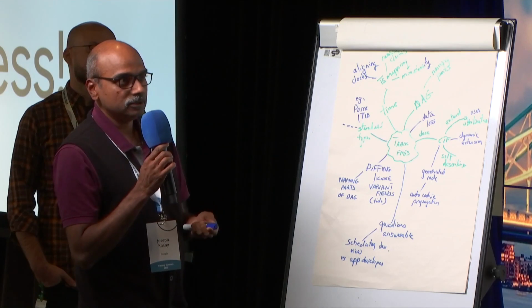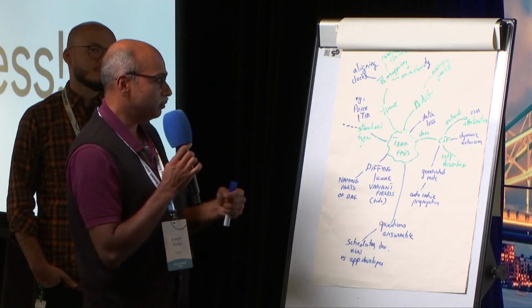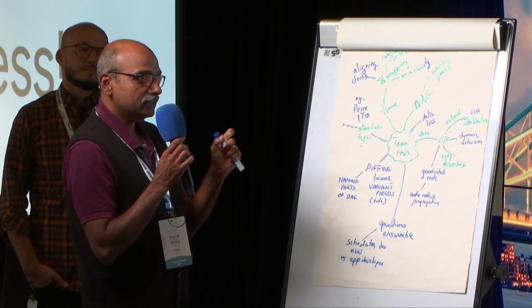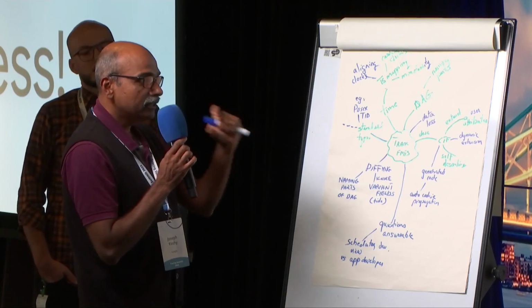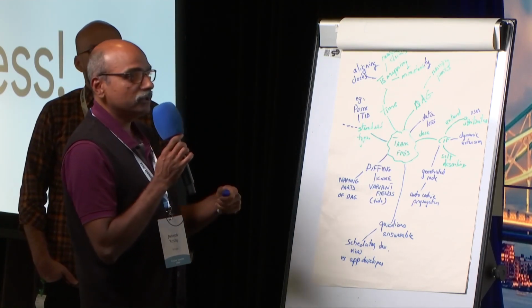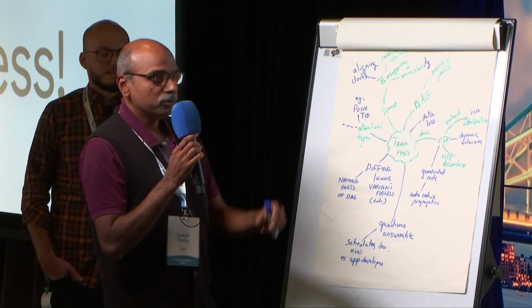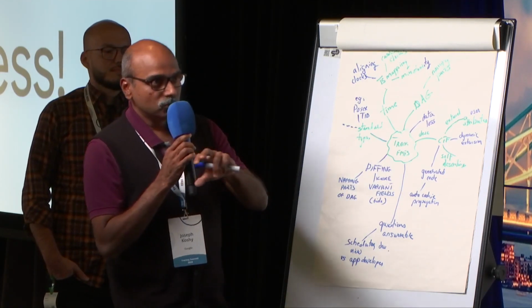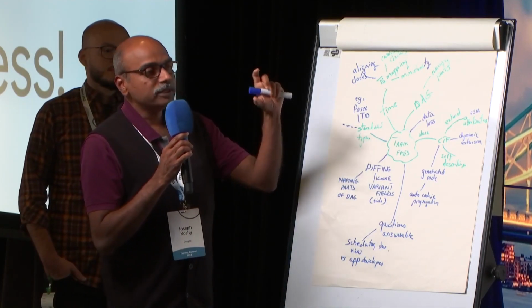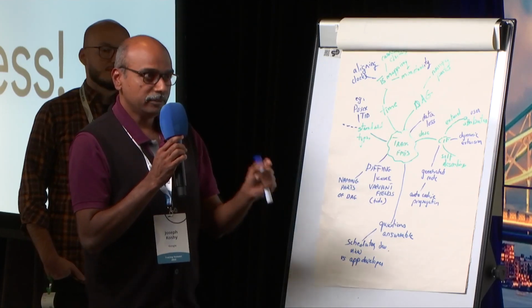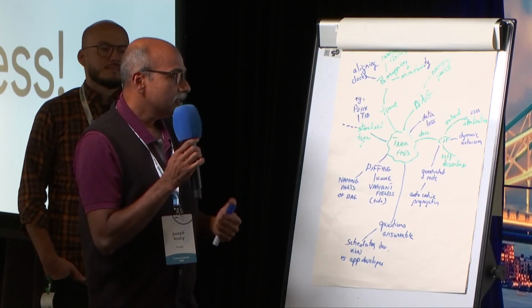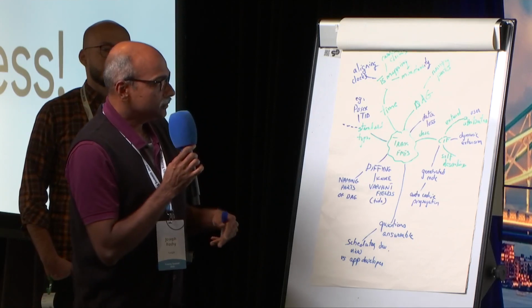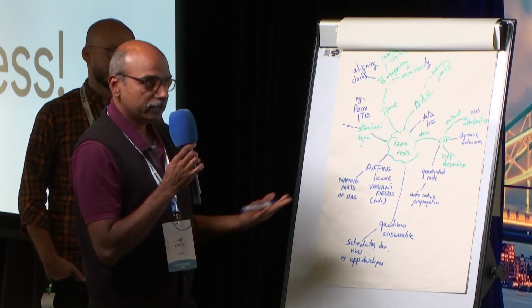For example, somebody doing kernel scheduler development would want data at a completely different granularity and visibility compared to an application developer who'd be more interested in a more top-level view. But you also want the ability to go down deep if you need that. So this is what we looked at.